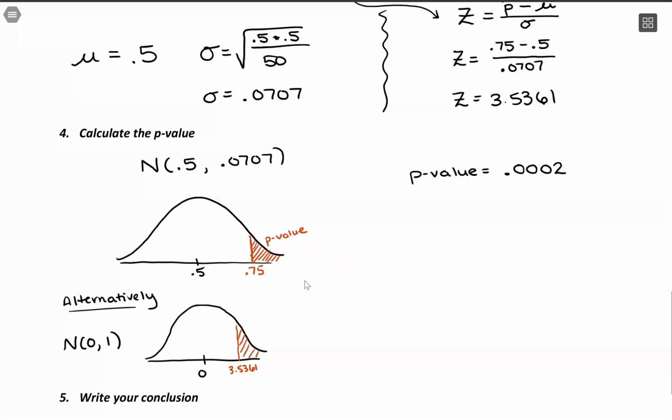So we have this p-value. Now that is very small. That is a very low probability of occurring.